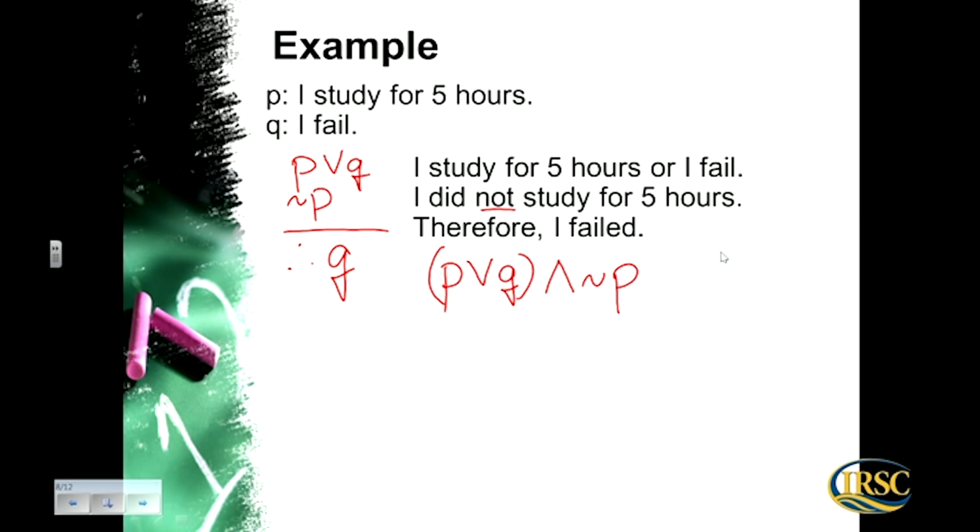Those are our only premises, so what do we put around the premises? Brackets. And then we need therefore, which is the arrow leading to our Q, our conclusion. And the conclusion is just one letter, so we don't need parentheses there. So this is what you're making a truth table for.